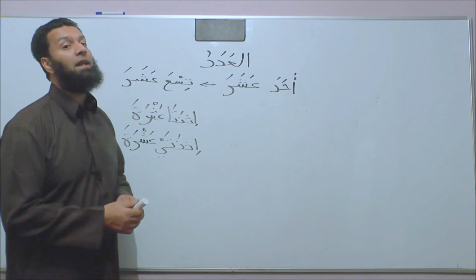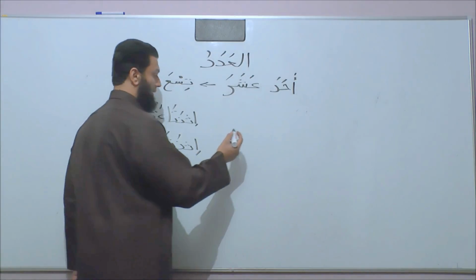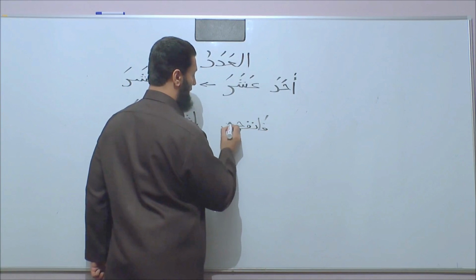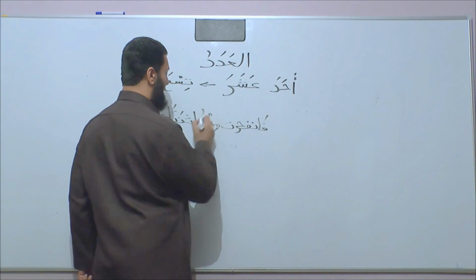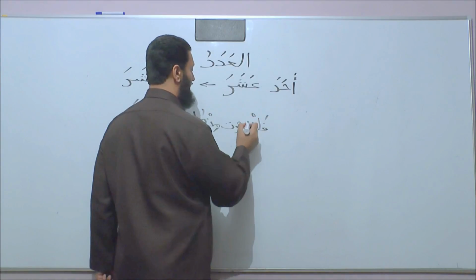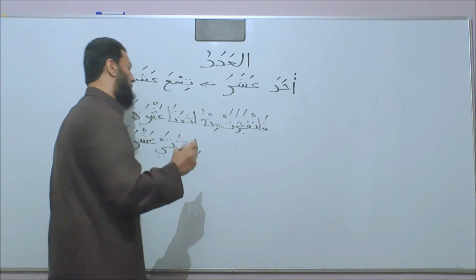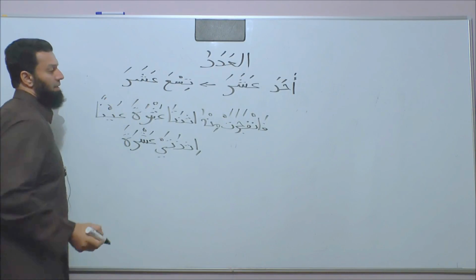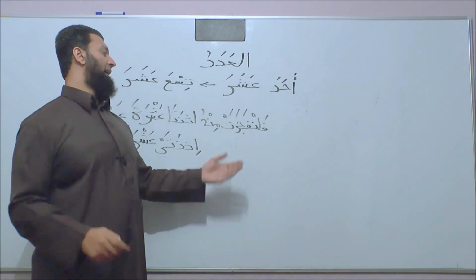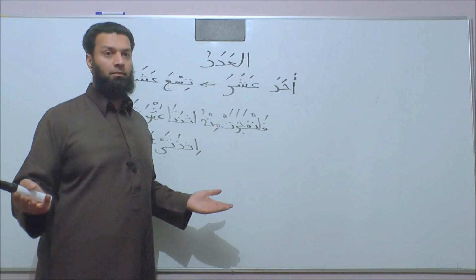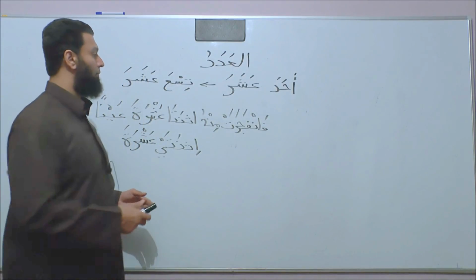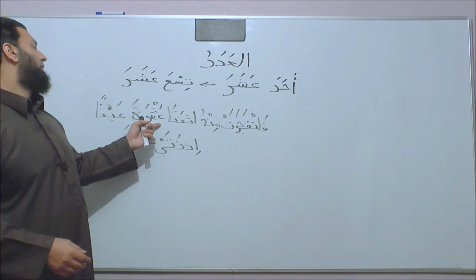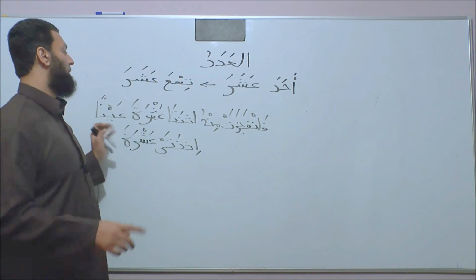So what happened? فَانْفَجَرَتْ مِنْهُ اثْنَتَا عَشْرَةَ عَيْنًا. And fajara means poured forth, exploded. From it, اثنتا عشرة عينا.